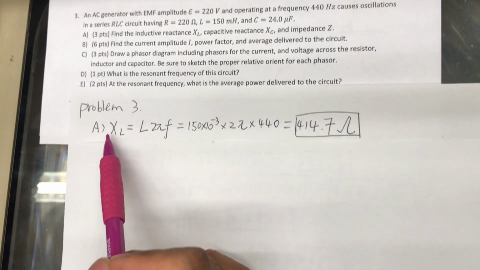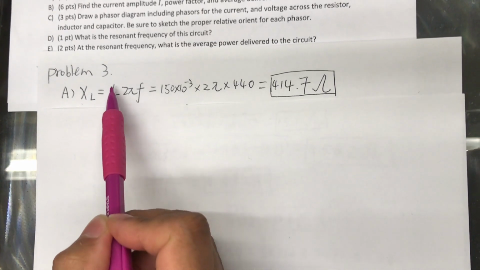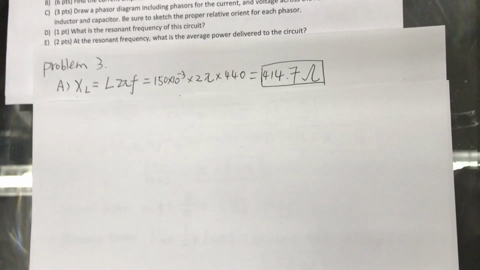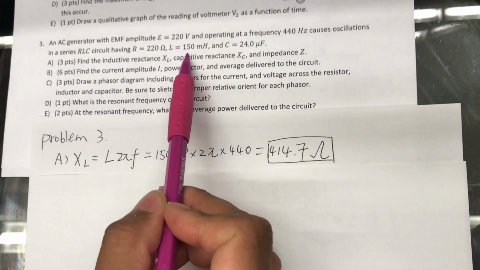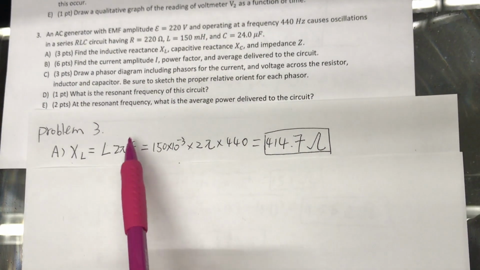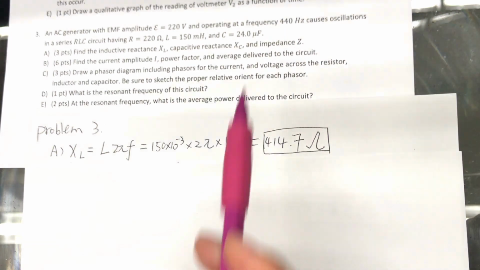The inductive reactance equals the inductance times 2 pi times the frequency. We're given the inductance, which is 150 millihenries, and the frequency, which is 440 hertz.